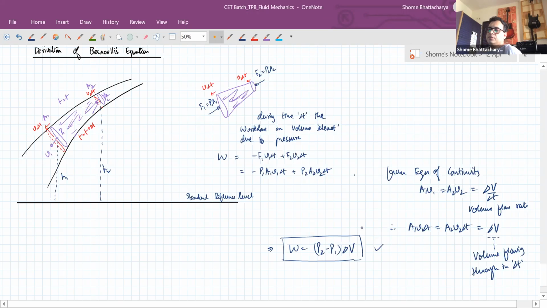So just make a note up to this step. Then we'll discuss the kinetic head, how it will come, and then finally the gravity head, how it will come.